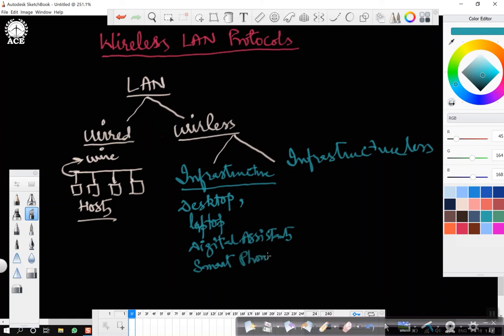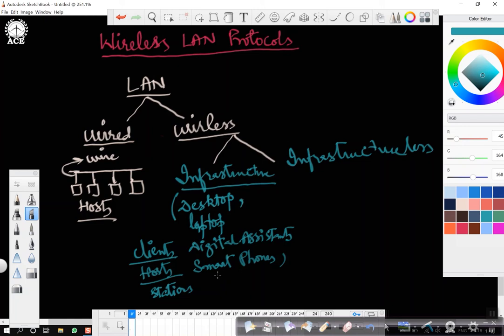These are all clients, or you can say hosts. In the terminology of electronics and communication, we also call them stations.